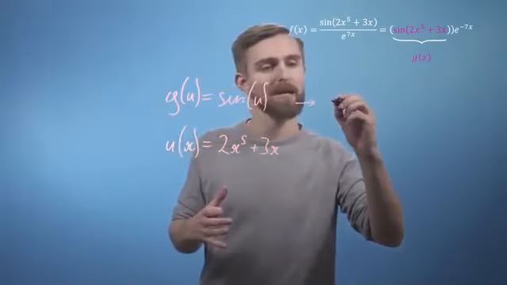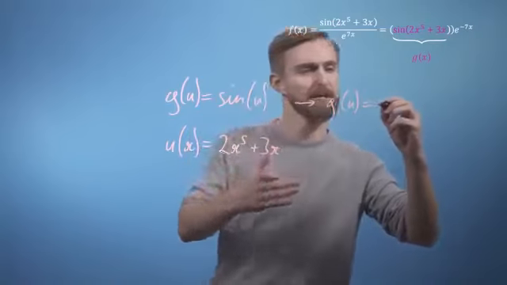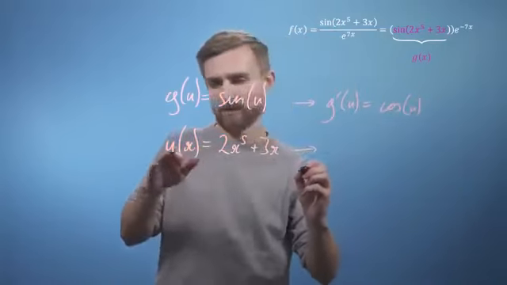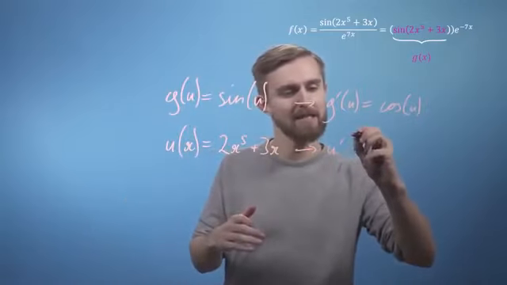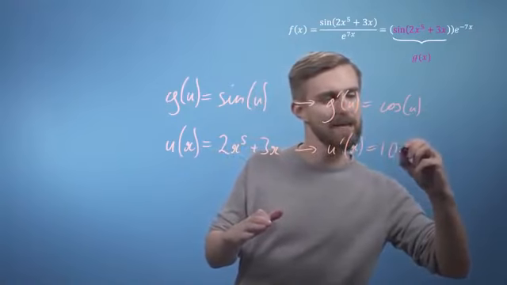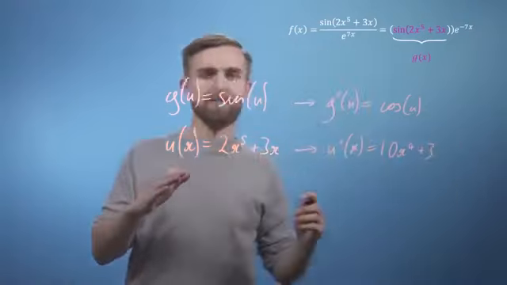So we say, okay, g dash of u is going to just equal, sine differentiates to cos, so cos u, and u dash of x is going to equal 10x to the power of 4 plus 3.